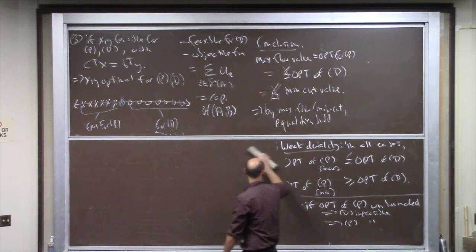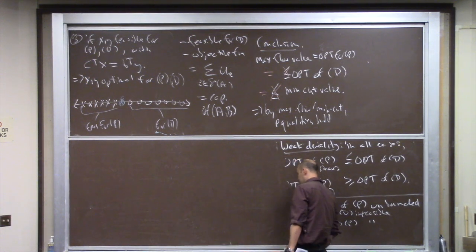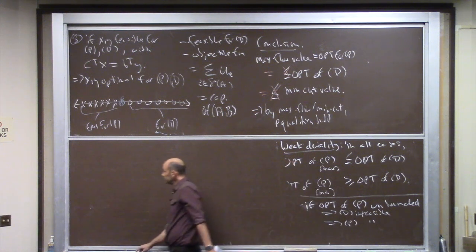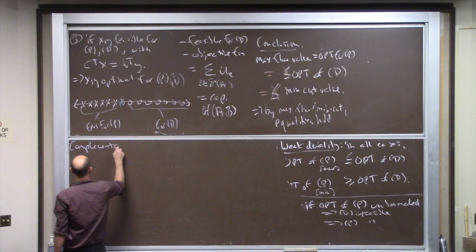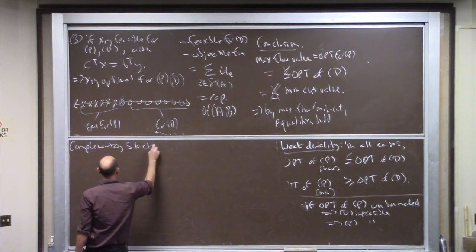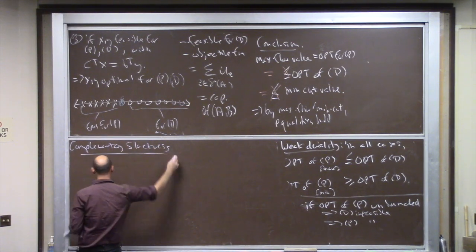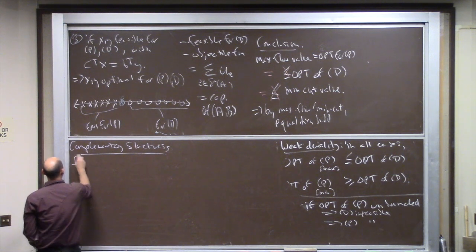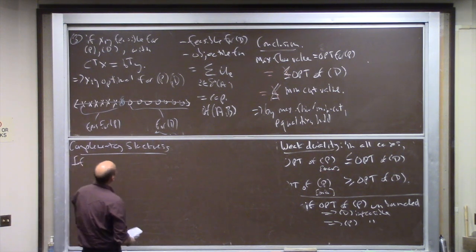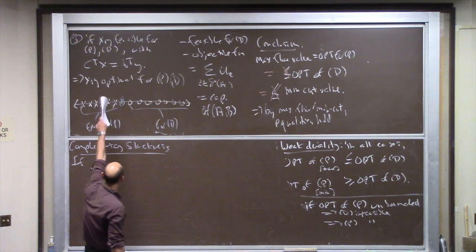That is, it's providing certificates of optimality. So it's going to be a corollary of part 3. Okay?